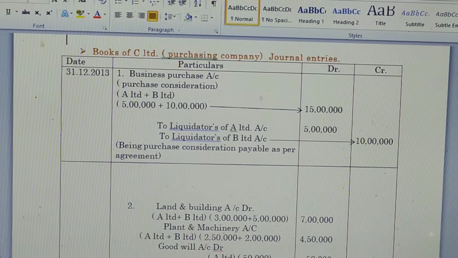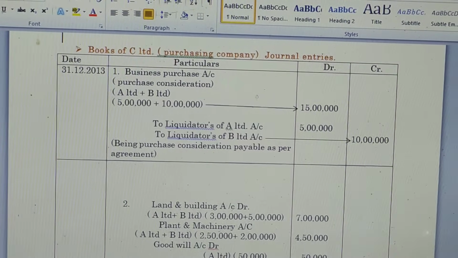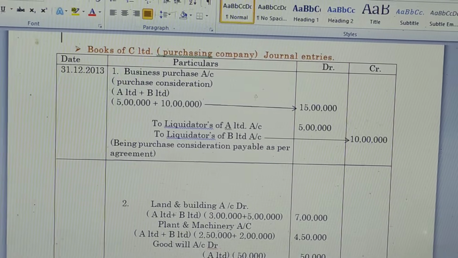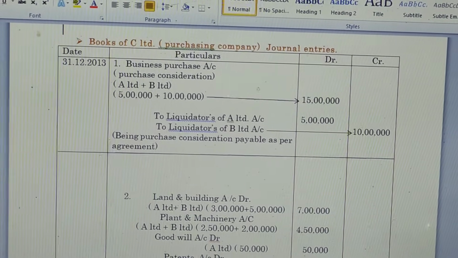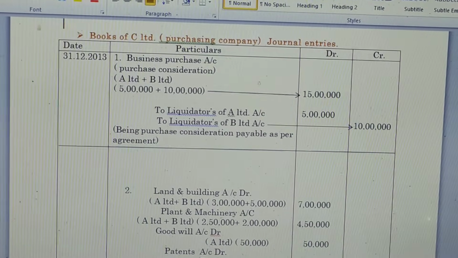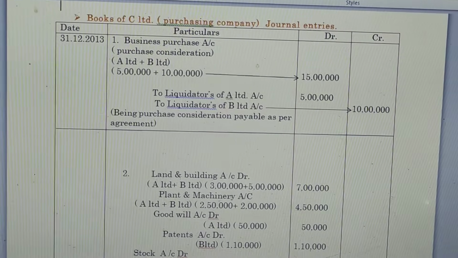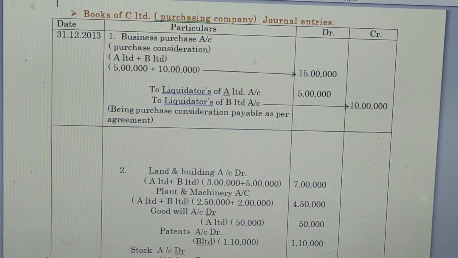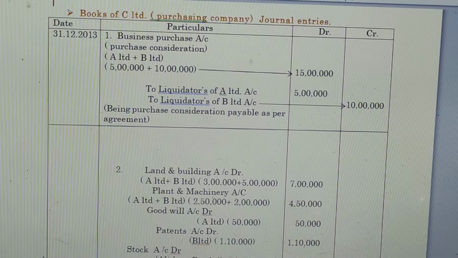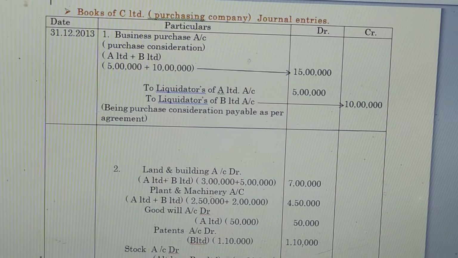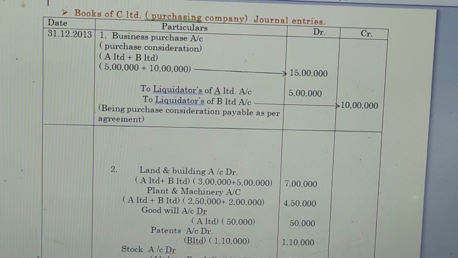Then we are going to prepare the journal entries of the purchasing company. The purchasing company is C Limited. The first journal entry is business purchase account debit, to liquidators of A company account credit and to liquidators of B Limited account credit.